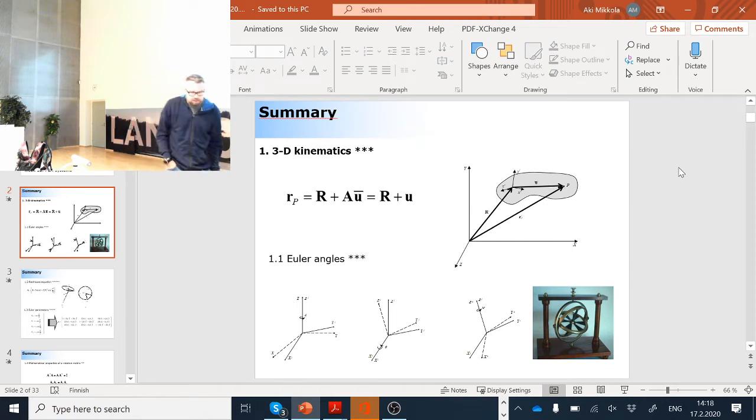Remember again, each one of the areas is categorized in terms of number of stars. If there are a lot of stars, that means that's where I'm recommending you to start reading. If you are in a hurry, there's something that you can skip. And if you skip those matters that are not rated as a high number of stars, the likelihood that you will get questions from those topics is not that high.